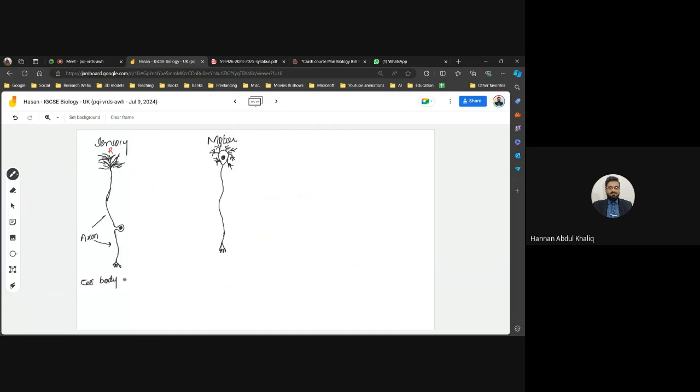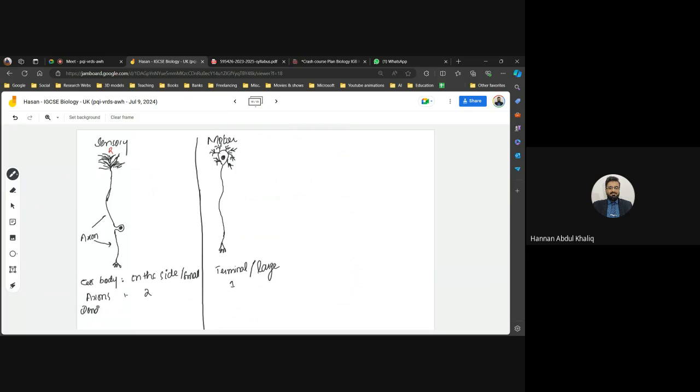For the sensory, it's on the side, while for motor, it's terminal. The sensory contains two axons, while the motor only contains one axon. And the sensory neuron cell body is very small, while the motor cell body is large.